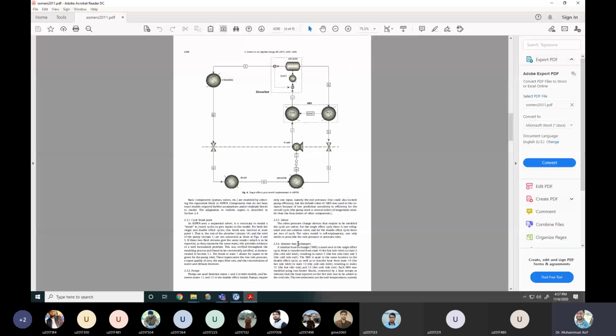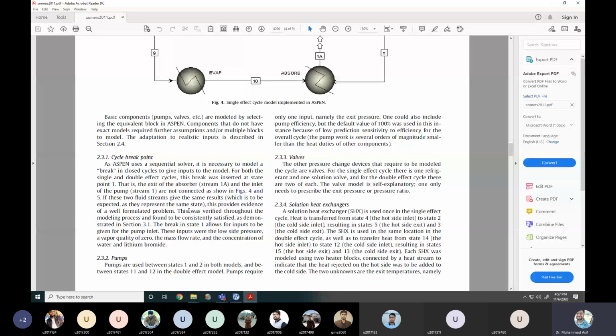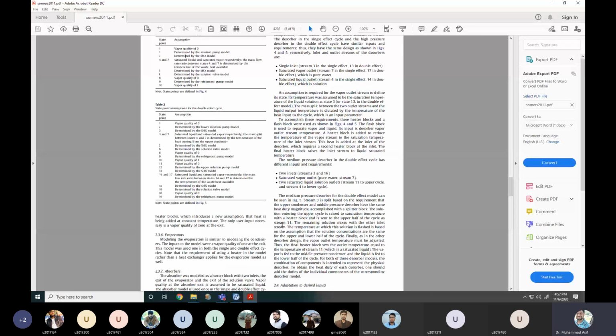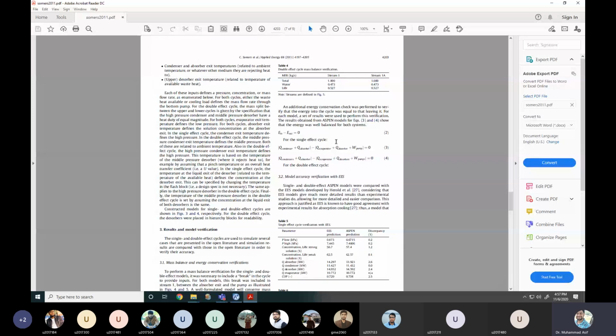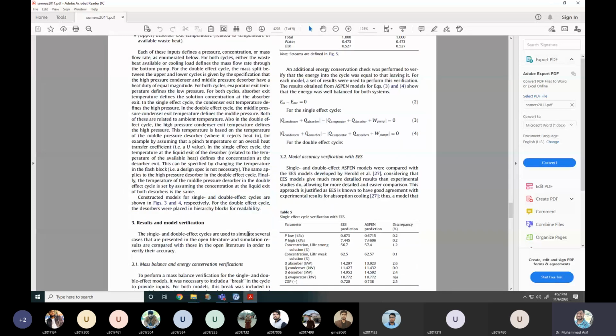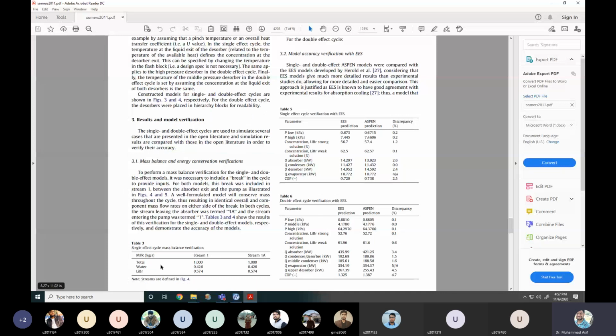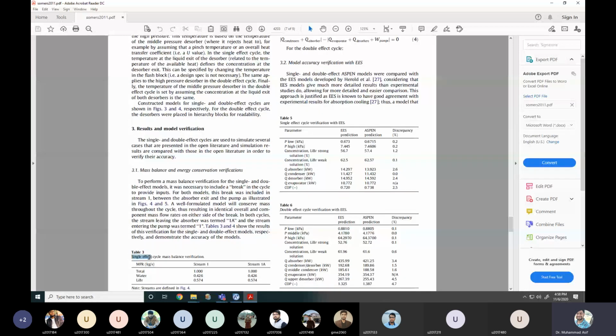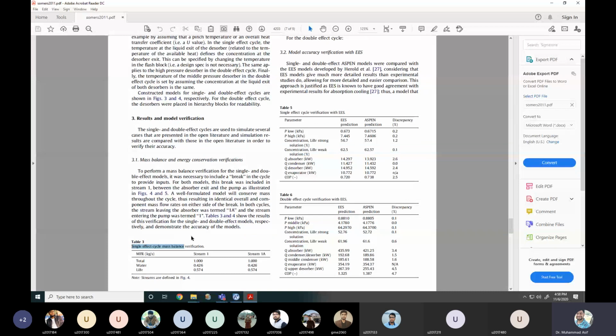They have mentioned all the desired inputs here, even what the mass flow rate for the water is in the stream, and the mass flow rate for the lithium bromide. Similarly, this is for the single effect. The next one is for the double effect. You will just use a single effect, not the double effect. You have to use the simple one, right?